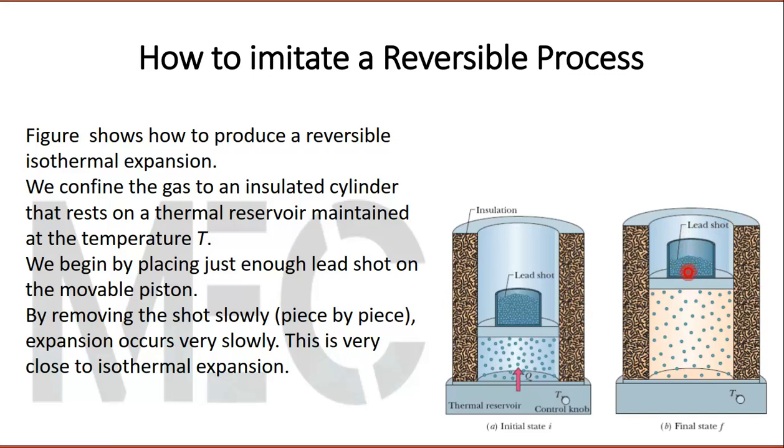So going back from this state to this state, we need to add these lead shots very slowly, piece by piece, because the process is happening very slowly. This is how we imitate, or get close to, a reversible process.